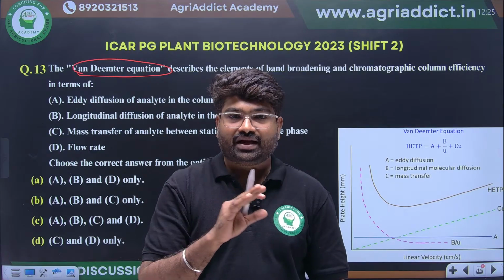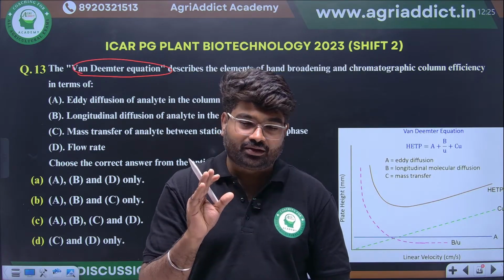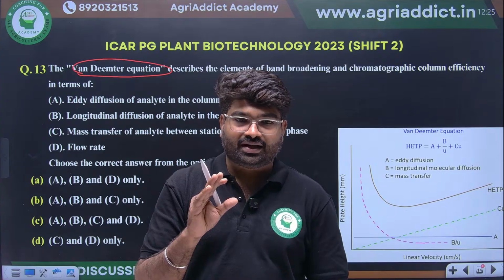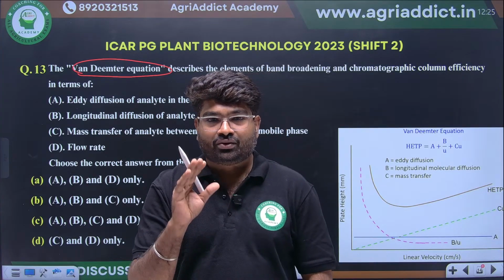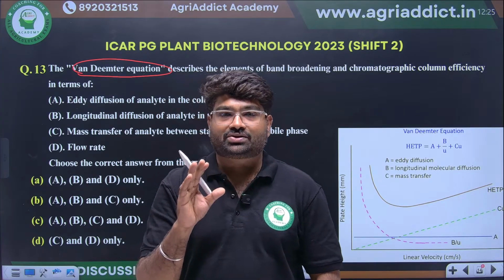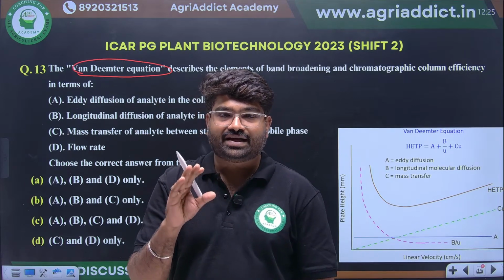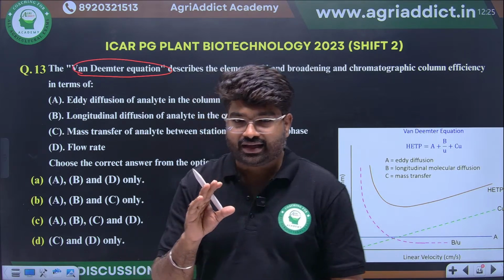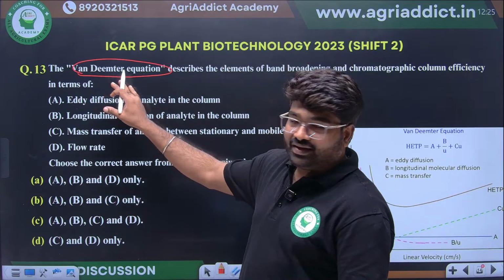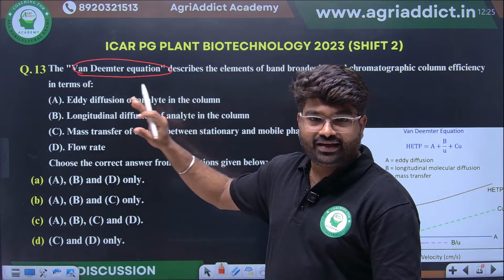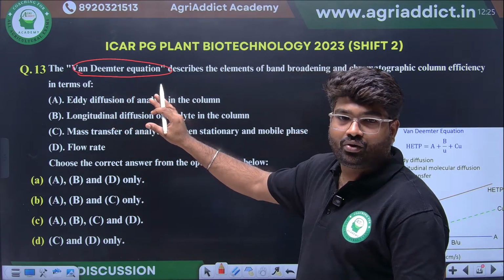If you don't know, kindly leave that question. This is my suggestion as a mentor: don't take much negative marks. Negative marking also plays a major role for the top rank. Some terms are very difficult, so kindly leave those and don't make mistakes.